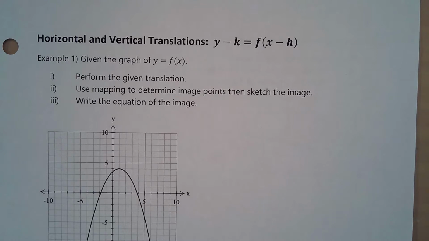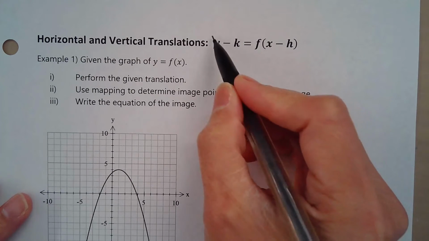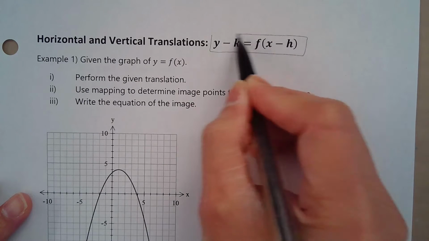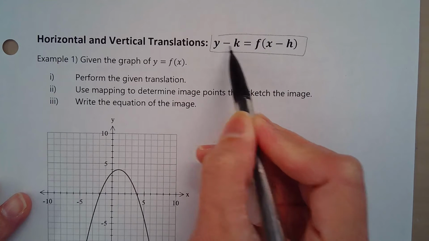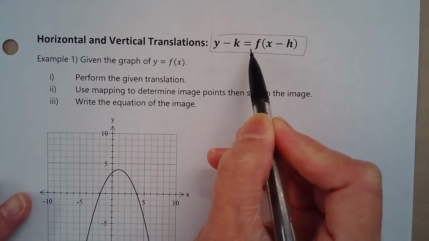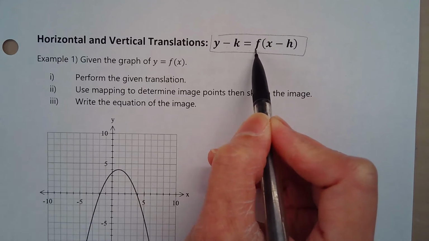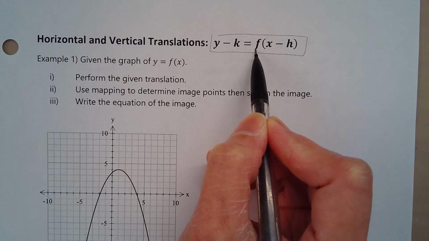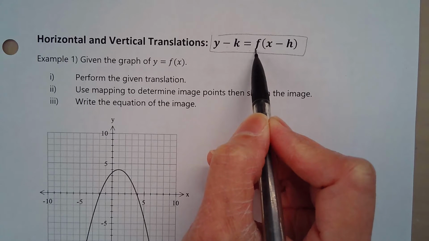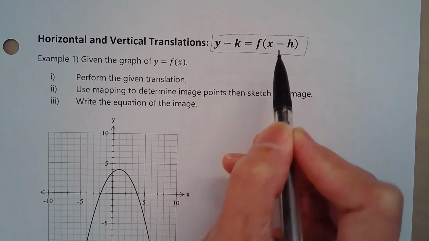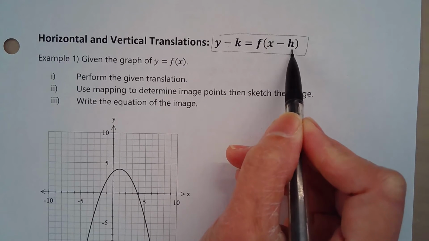Okay, so when we are given this general equation, y minus k equals function. This is like a general function. We don't know what function this is, but it's just some kind of a function, of x minus h.